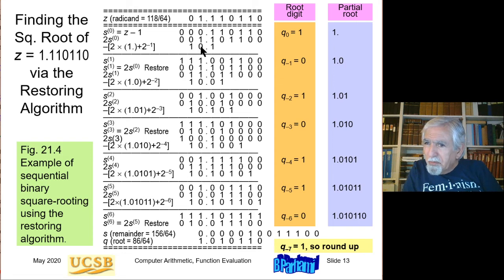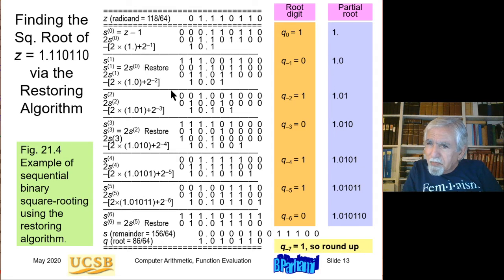So 1.0 multiplied by 2, or attached with 0, 1, and then multiplied by 2. So I do the subtraction, and notice that the result goes negative. I've added this extra position to keep track of the sign of the values.